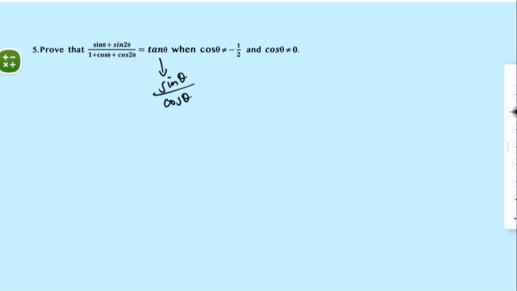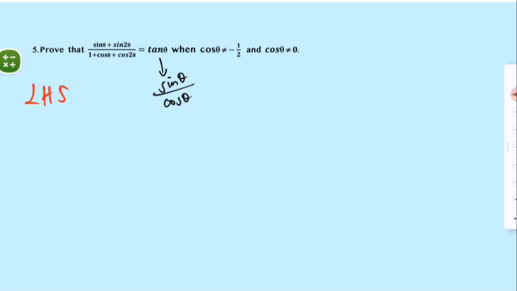So we want to make sure that this left hand side would equate to this right hand side. So I'm just going to focus on the left hand side of the equation.